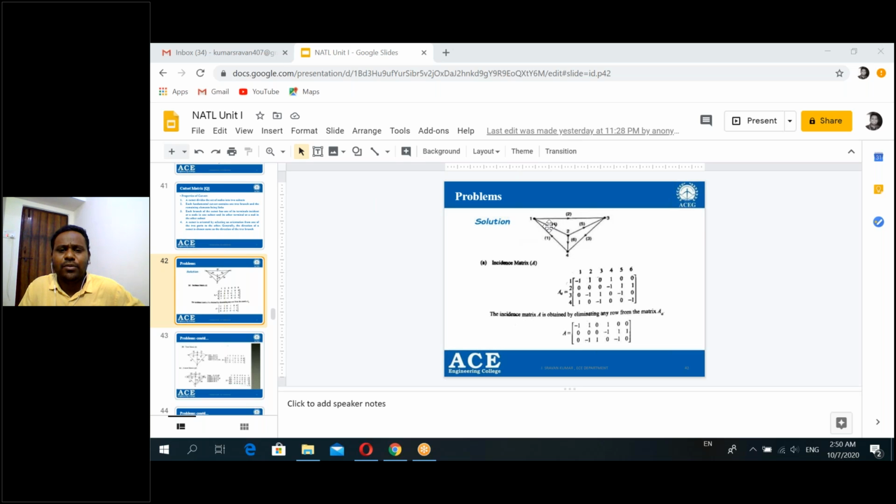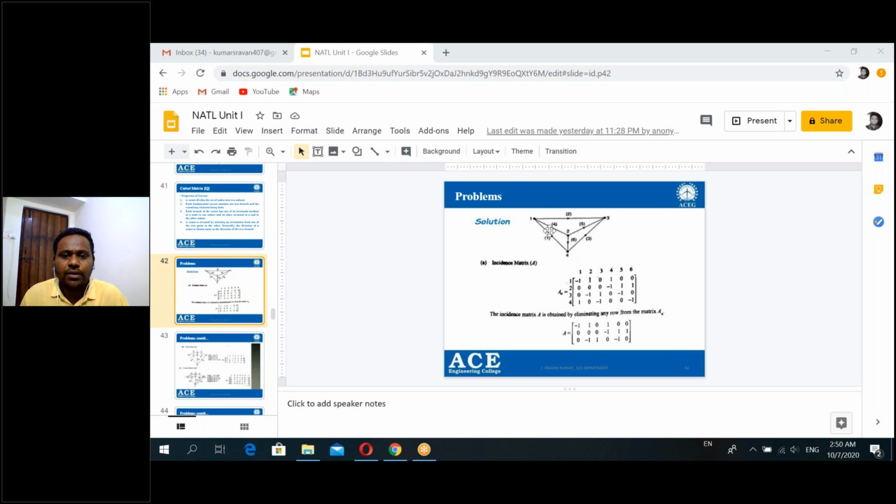A node is nothing but a point where more than one branch is connected together. Already I told you about the incident matrix: branches are in the horizontal, 1, 2, 3, 4, 5, 6, and nodes are in the vertical, 1, 2, 3, 4.